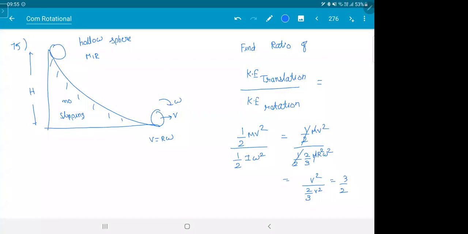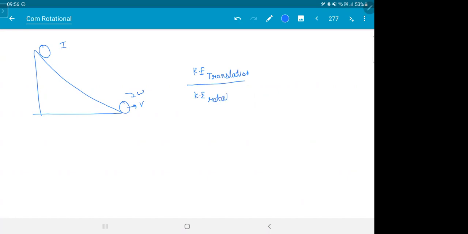Clear? Any doubts? You can do this generalized also. Suppose you give any random shape I, then kinetic energy translation by kinetic energy rotation would be half mv square by half I omega square.